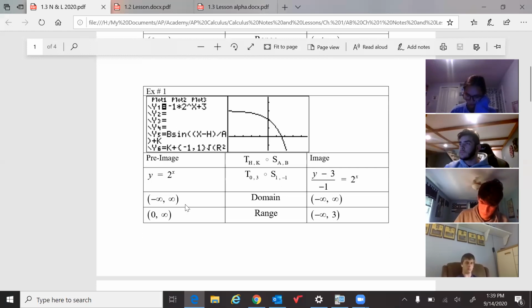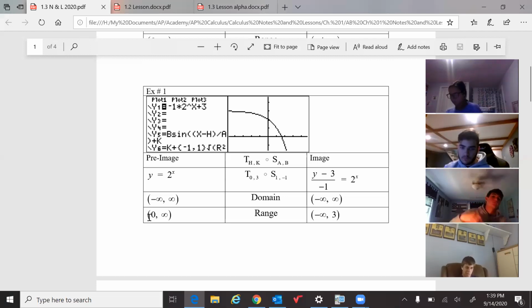The domain, the input, is not affected. All the transformation affected the output, which is the range. So the pre-image goes from 0 to infinity. And what did you do? Well, first thing you did was multiply the y's by -1. So that's going to change this, and it's going to open down.